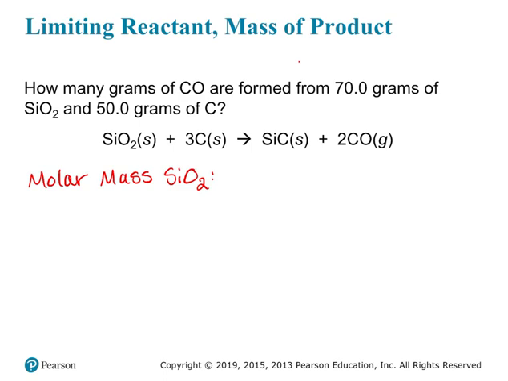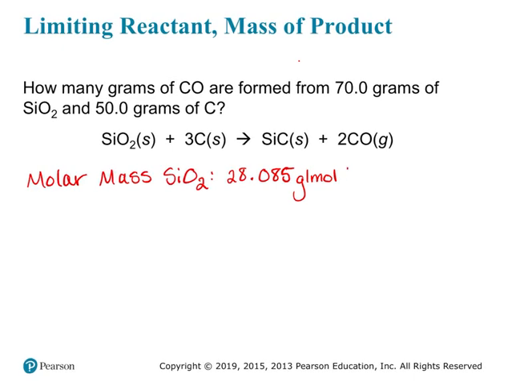So the mass of silicon is 28.085. All right, and then we only have 1 mole of that, but we do have 2 moles of oxygen, so 2 times 16.